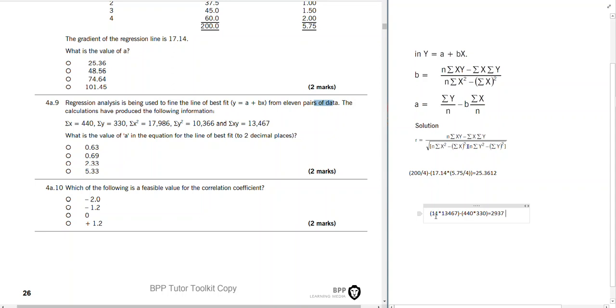So 11 pair of data, sum of x into sum of y. Yeah, it seems right. And divide this by pair of data multiplied by sum of x squared, which is 17,986, minus sum of x squared, which is 440 power 2.